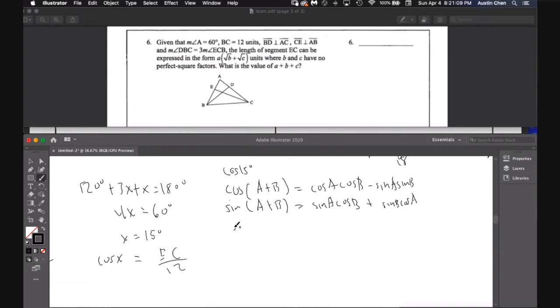The trick here is we want to put 15 degrees into this format where 15 degrees is the sum of two angles, and these two angles need to be easily evaluable in cosine and sine. It would be preferable if they were nice angles, like 30, 60, 90, 45 or something like that.